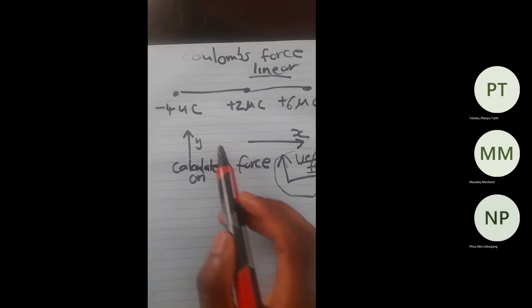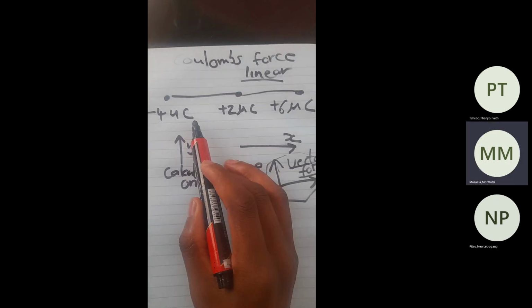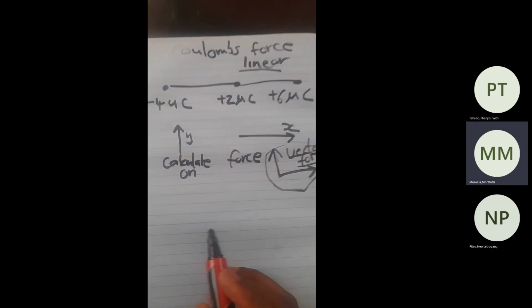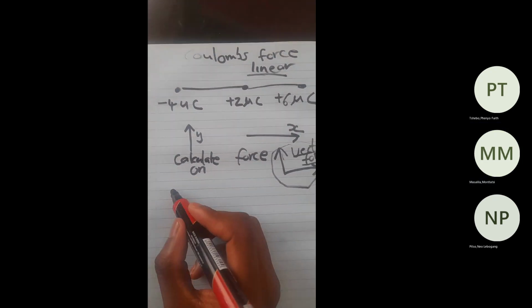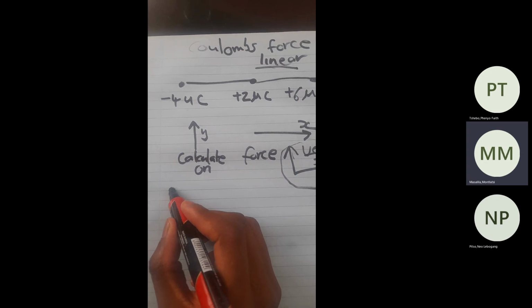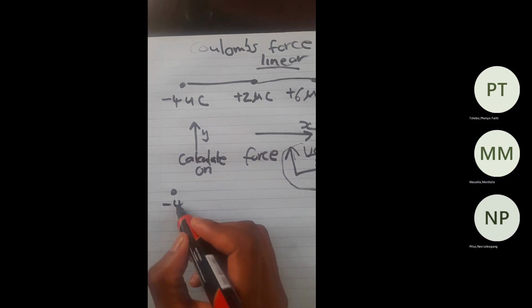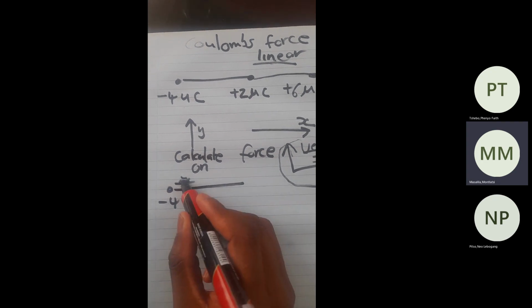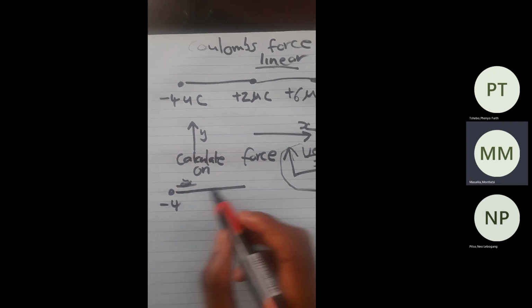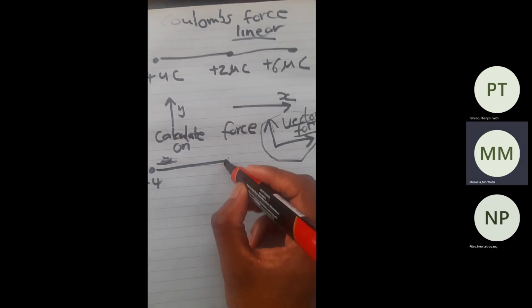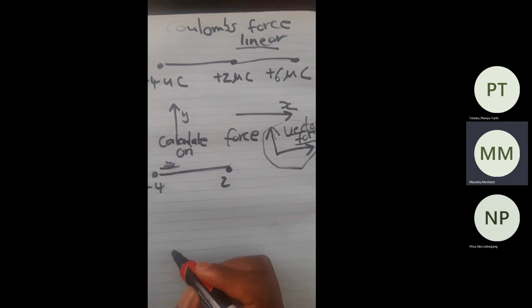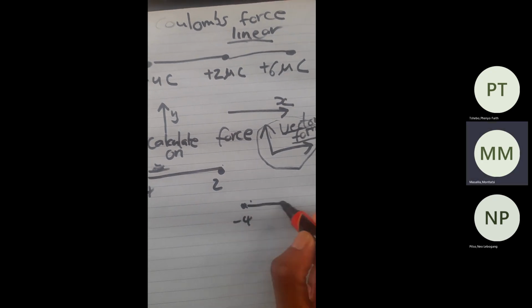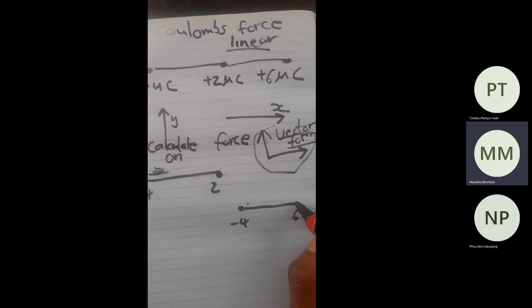So we need to calculate the force on -4 experienced by these charges. So there are 2 conditions. You'll be having -4 here and 2, and you'll be having -4 here and 6.